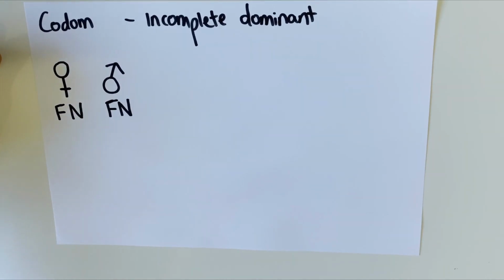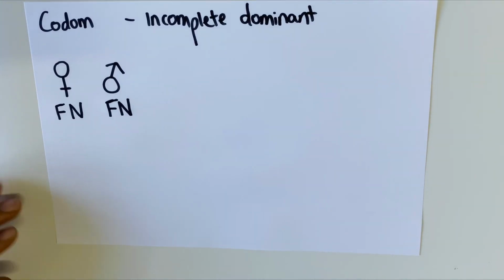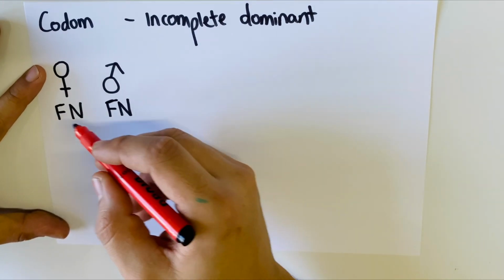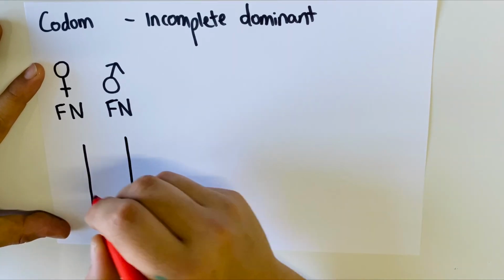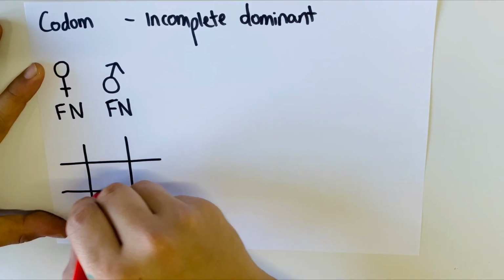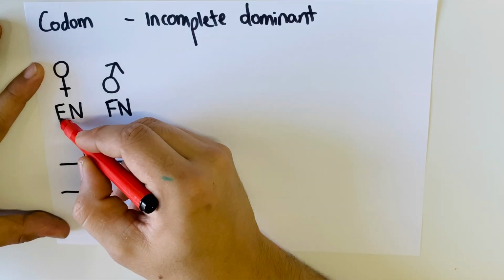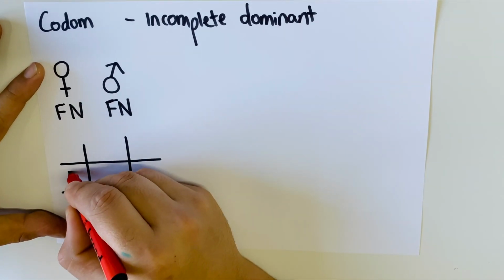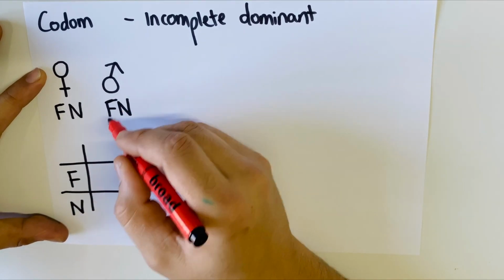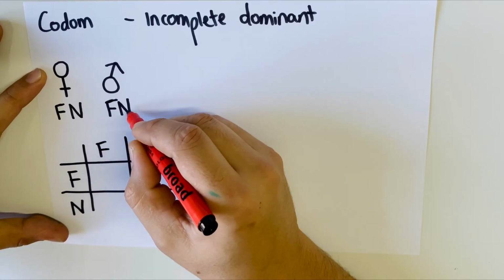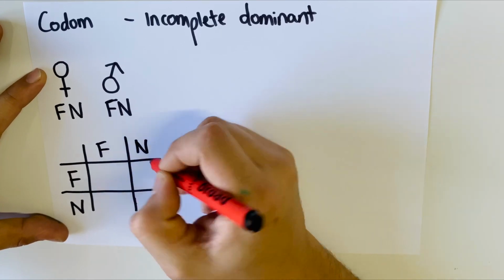So we have a fire female breeding to a fire male, and we can quite easily use a Punnett square, as we did with the last video, to work out on average what we can expect from their offspring. So let's take this female and we'll draw our Punnett square as we did previously in our last episode, and we'll do fire, 1 copy fire gene, or she could pass on the normal gene. Same with dad, could pass on the fire gene or could pass on the normal gene.